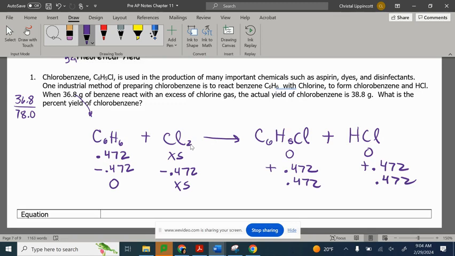All right. Everybody up with me now? You understand what I just did? No. Okay. So this is the moles of benzene, right? 36.8 grams of benzene. Yep, grams. I divide by the molar mass of benzene, which is 78. And that gave me the moles of benzene.